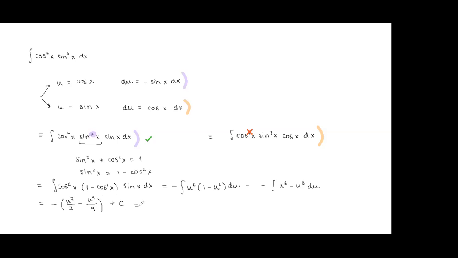Then I'm going to do two things at the same time: distribute the minus and back substitute, replacing u by cosine. So I have minus cosine to the 7 of x divided by 7 plus cosine to the 9 of x divided by 9 plus c.